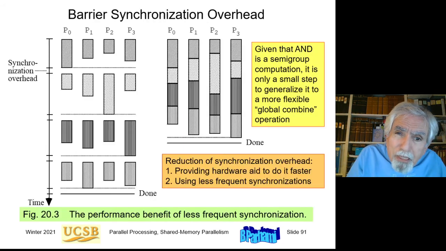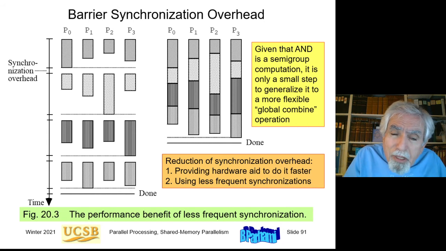In order to avoid that, we don't synchronize the processors completely, but once in a while when needed. So here I've shown 4 processors running their own programs independently, so there's no synchronization between them.